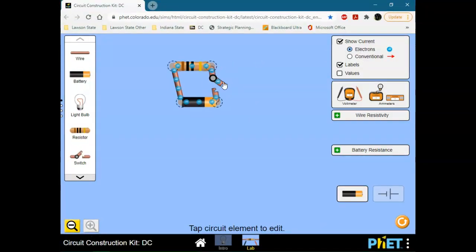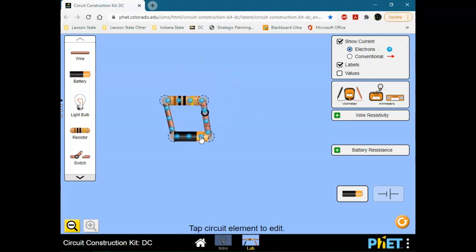So when you're looking at electron flow, since electrons are a negatively charged particle, right? Electrons are a negatively charged particle, so thus the electrons move from negative to positive.